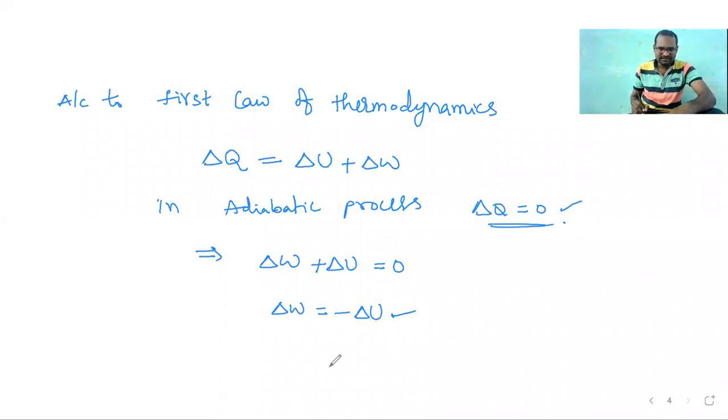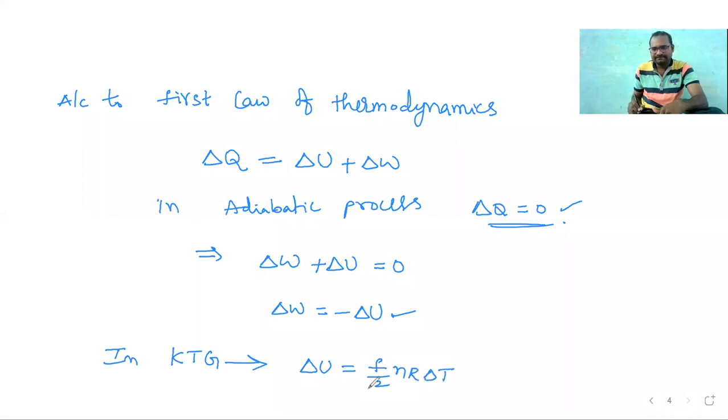Now see one important formula. We will come across this formula again in the next chapter, kinetic theory of gases. In the KTG chapter, we will have the internal energy formula: F by 2 nR delta T. Clear, students?